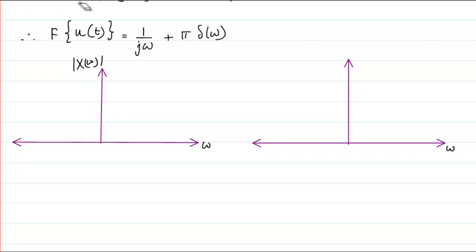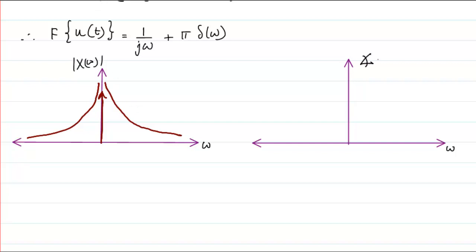Both of them I can draw: this is 1 by j omega, it will not touch the axis. Similarly, this one also 1 by j omega, and then the impulse function in the center. So this is going to be the magnitude of X of omega.